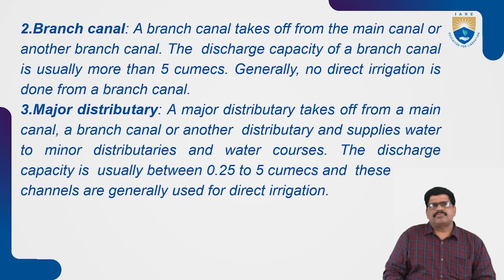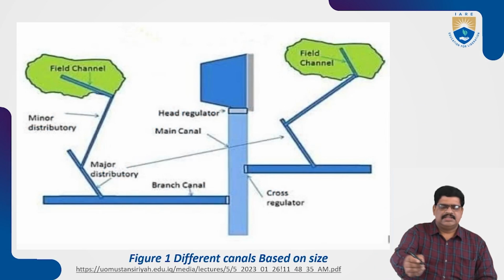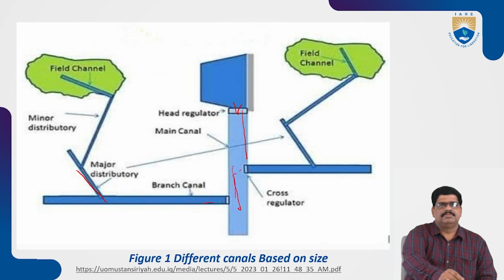Next, here is a diagram which has to be understood. There is the head regulator, where water comes in, and these are the branch canals, and this is the main canal in cross section. Here is the major distributary from the branch canal: main canal to branch canal, branch canal to major distributary, and major distributary to minor distributary canal.